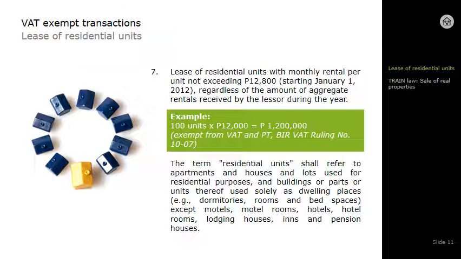Okay, so what about lease of residential units? So important words that you should remember this. Not all lease of units, no, are exempt, meaning industrial tsaka commercial. Because you would observe there is this modifier. Yung tinatawag natin, ang exempt lang, lease of residential unit.